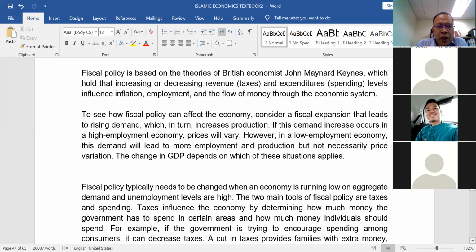So wang akan banyak dalam poket sebahagian daripada rakyat lah. So that leads to rising demand. Ada banyak duit, dia akan dapat meningkatkan permintaan, which in turn increases production. If this demand increase occurs in a high employment economy, it will affect the price. So if this demand occurs in a low employment country, this demand will lead to more employment and production.